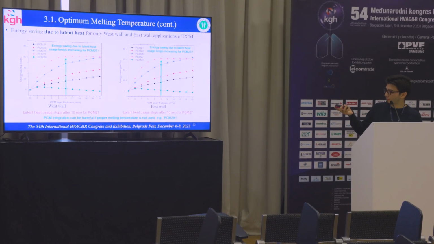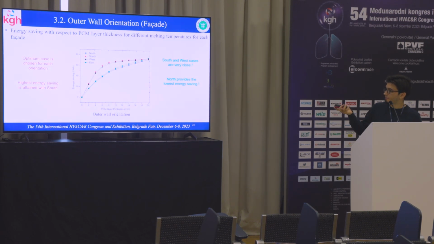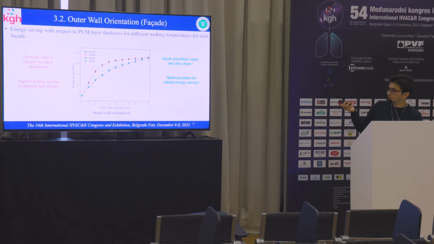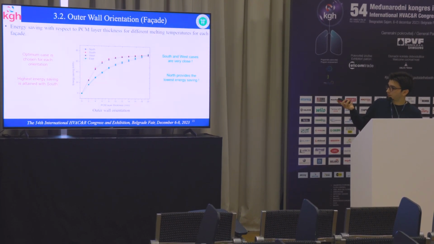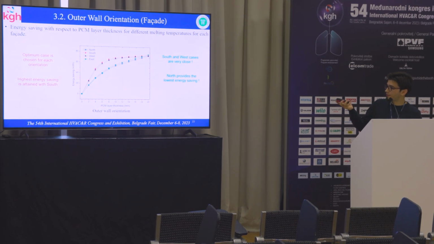The same case also occurs here, west wall and east wall. And this is the outer wall orientation, the energy saving with respect to PCM layer thickness for different melting temperatures for east facade. As we can see here, the best placement of PCM in terms of orientation will be the south wall, but they are very close to the west wall also.